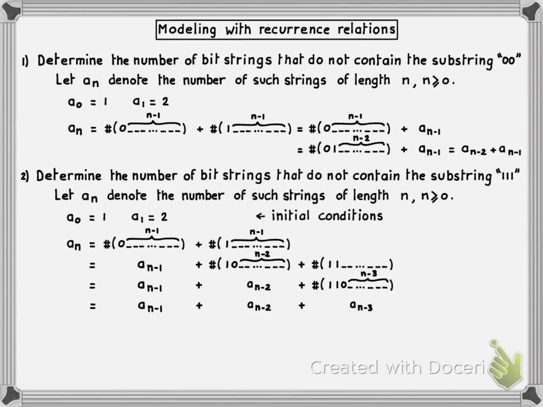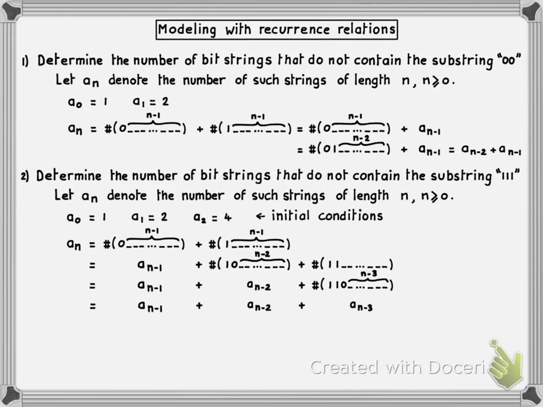It's the total number of strings of length 2 that do not contain triple 1. Well, that computation is easy. How many strings of length 2 are there? The answer is 4, and neither one of them obviously contains this pattern, so A sub 2 is 4.